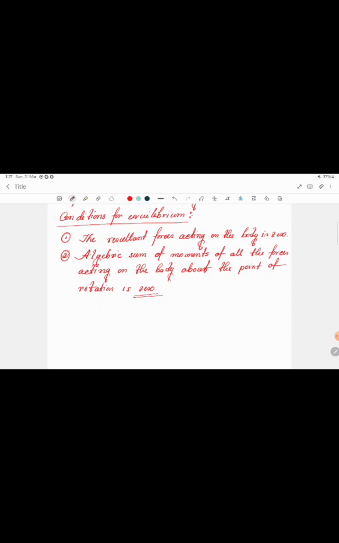So these are the two conditions for equilibrium, you can say.